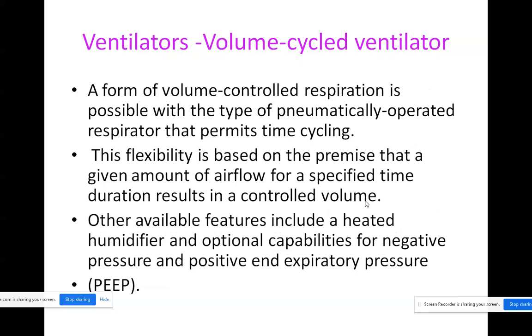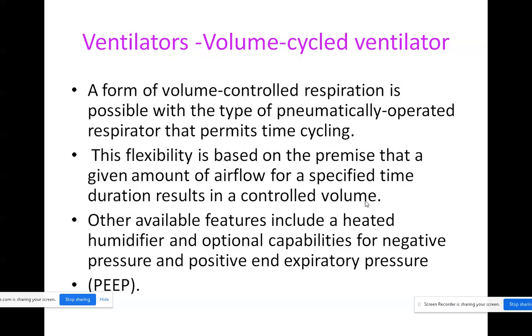A form of volume controlled respiration is possible with the type of pneumatically operated respirator that permits time cycling. This flexibility is based on the premise that a given amount of airflow for a specified time duration results in a controlled volume.